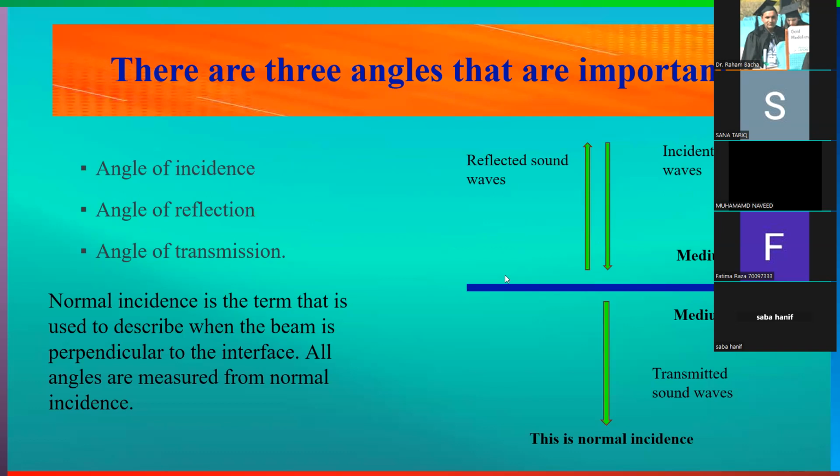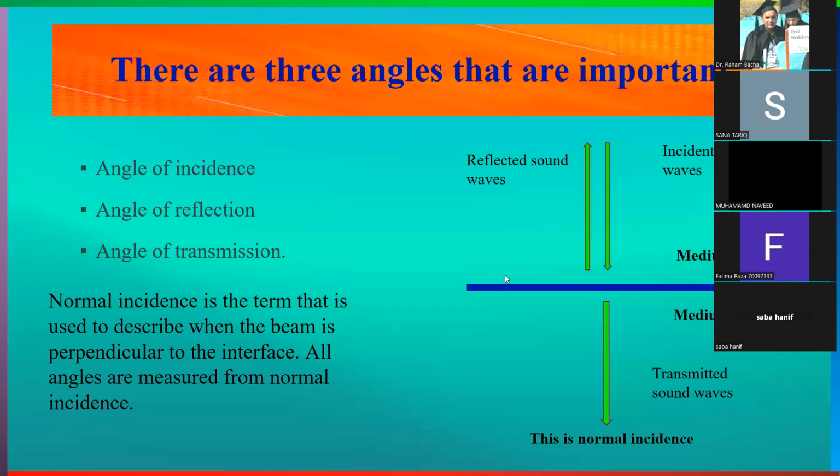If we calculate the angle with the reference line, then we call this incidence at normal, at 0 degree. If there is incidence at 0 degree, then the angle of reflection and the angle of transmission all remain at 0 degree.